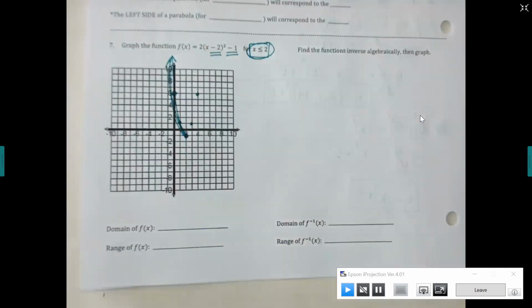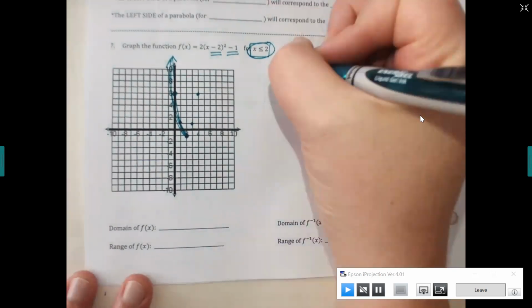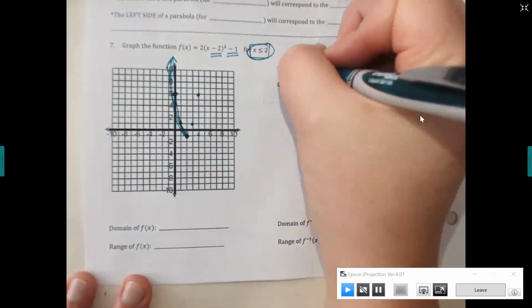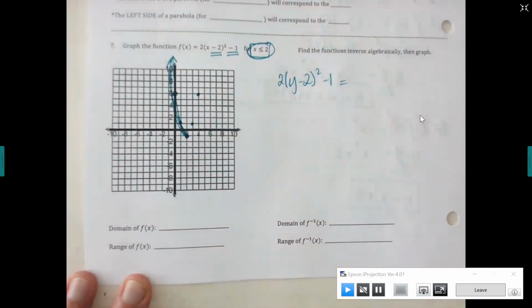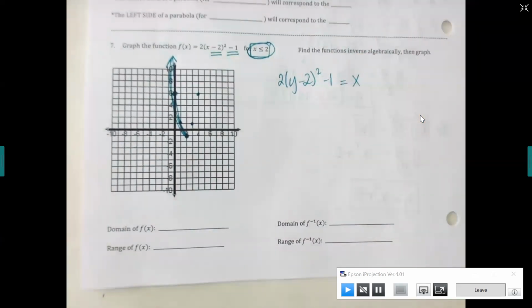Now let's find the inverse, ready? I'm going to take my equation, everywhere I see an x, I'm going to change it to a y. So now it's 2(y - 2) squared. And then instead of y equals in the front, I'm going to make it equals x in the back. Okay, we're ready to solve. How do I get rid of a -1? +1.